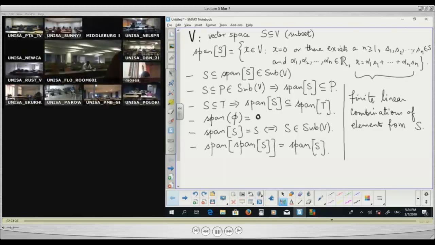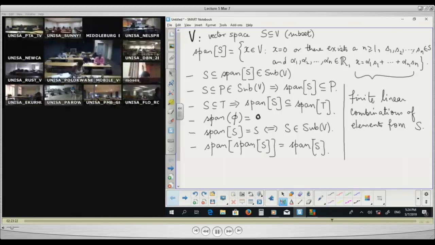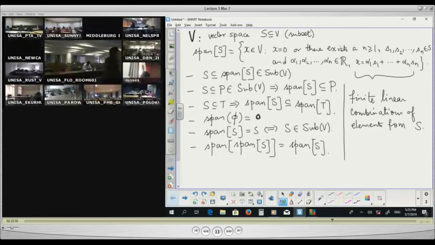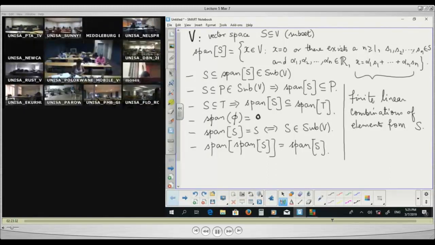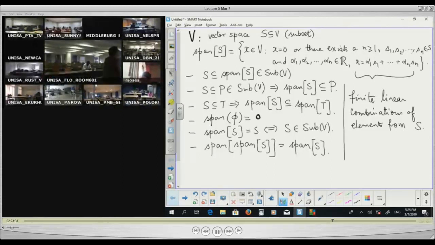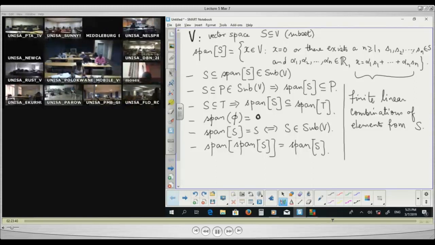That first page, the vector space. It starts with V is a vector space, S is an element of V, which is a subset of V. We couldn't see anything. Couldn't hear you.